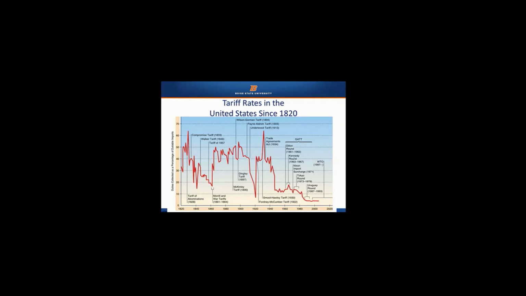These are the different rounds of negotiations aimed at reducing trade barriers. And then the World Trade Organization began at the end of the Uruguay Round and continues today. So relative to what they were before, since World War II there have been dramatic reductions in tariffs. That's huge. We will look at that later on in the course too.